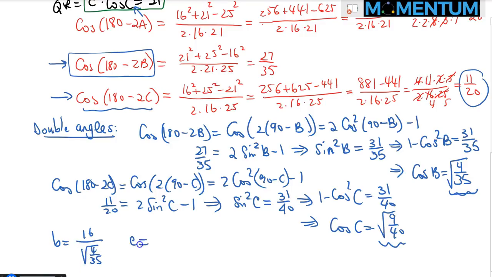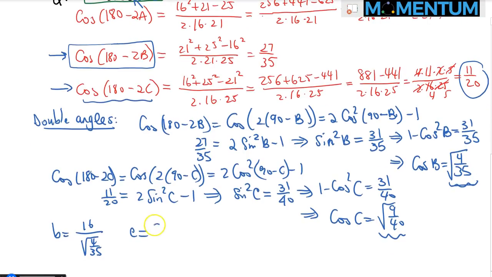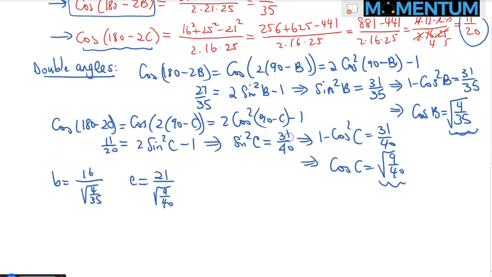And similarly, c is equal to 21 over cosine of c, which is 21 over square root 9/40. And we need the product of these two. So b times c is equal to 16 times 21, all divided by square root 4 is just a 2, square root 9 is just a 3, and then in the denominator we have a square root of 35 times 40. So we can move it up.